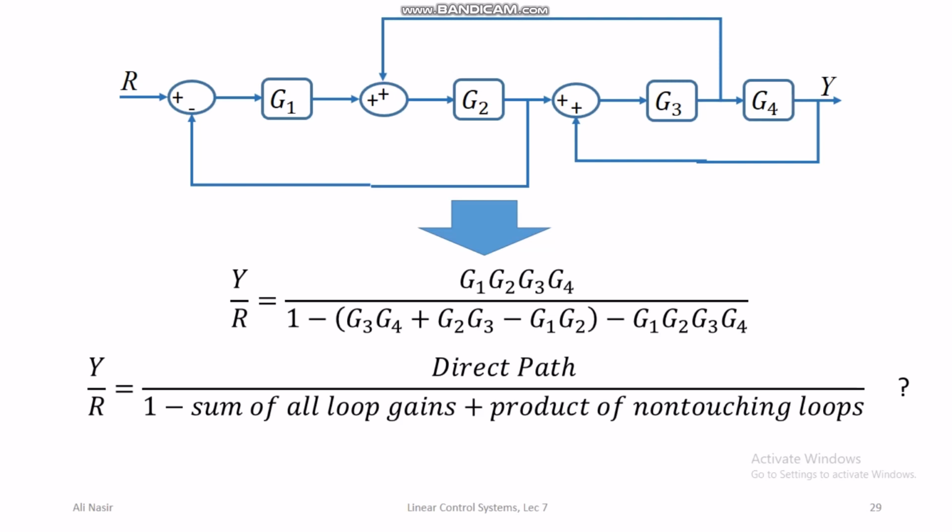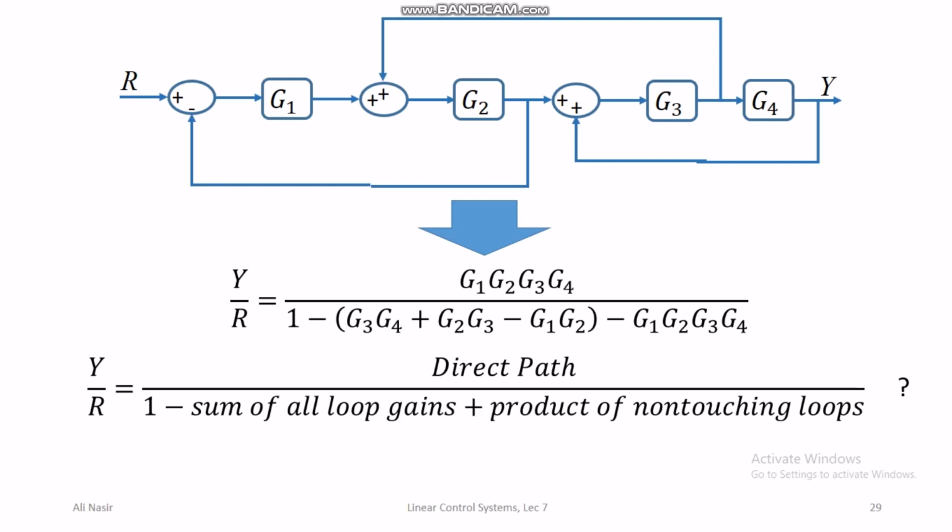So if we apply the same formula that we have derived here to the previous example, and even to a single loop transfer function block diagram, it will be applied to both types of block diagrams.